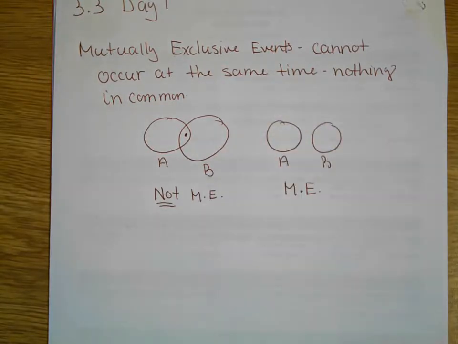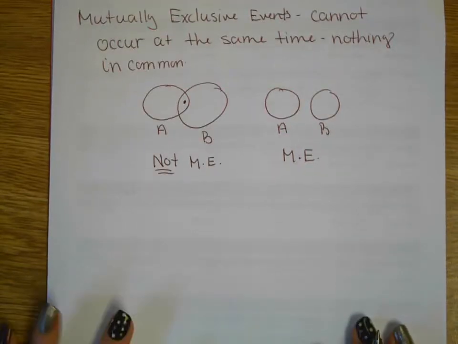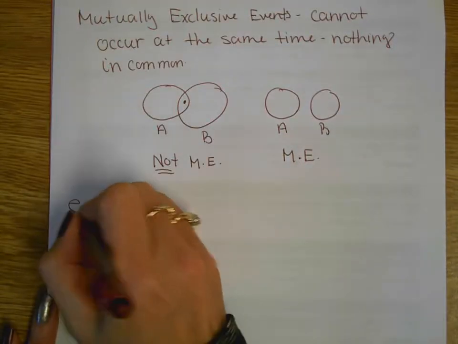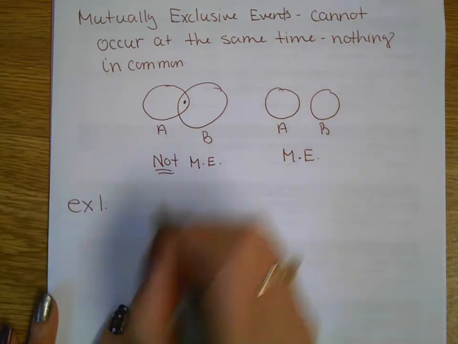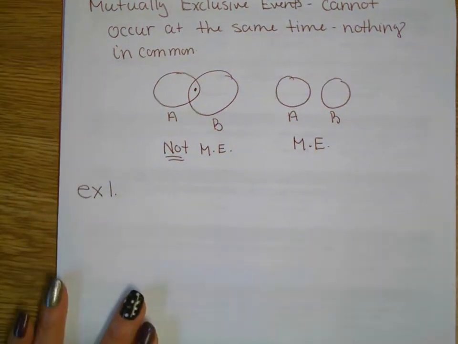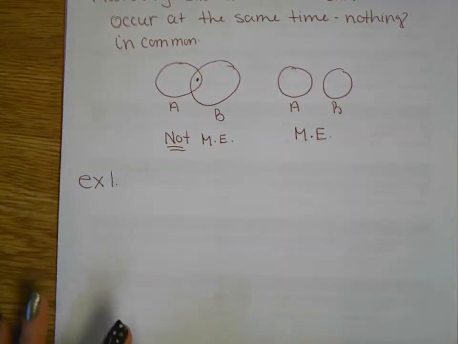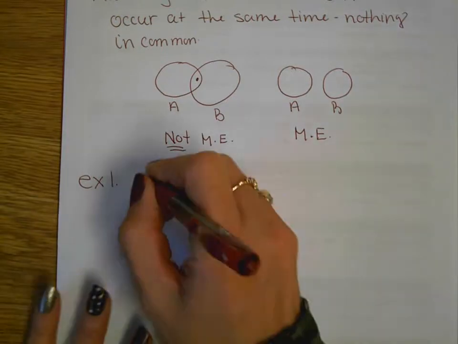So now I'll go through some examples that may make sense. So example 1, I'm going to give you two events, and all you have to say is whether the two events are mutually exclusive or they're not mutually exclusive.